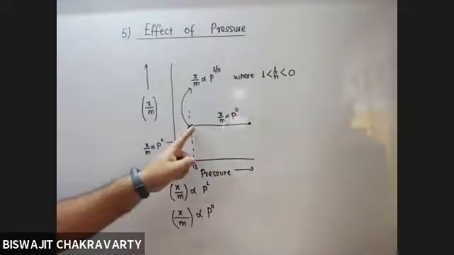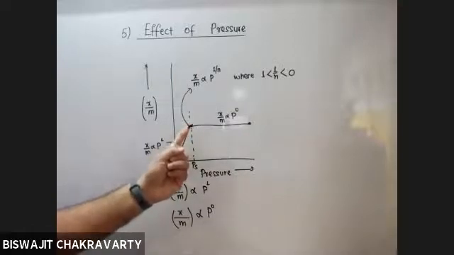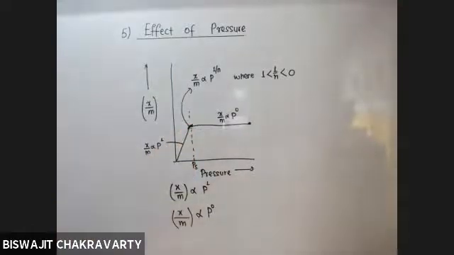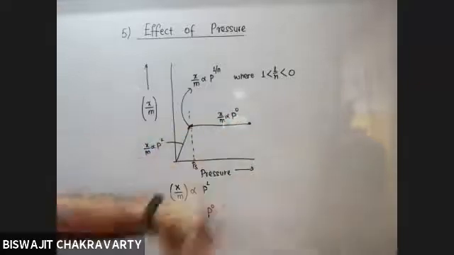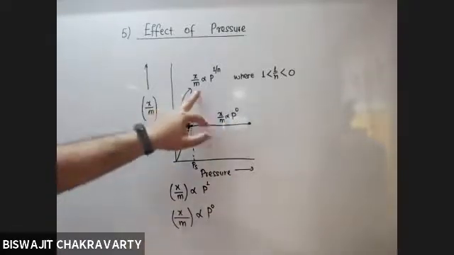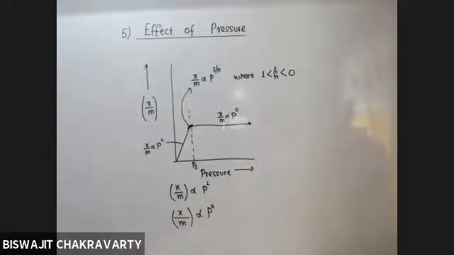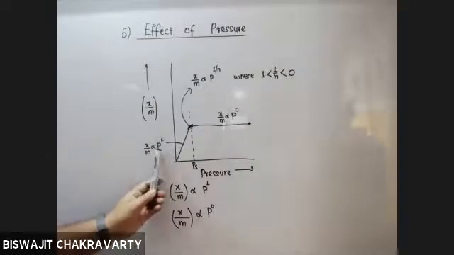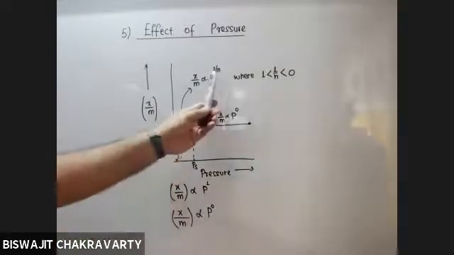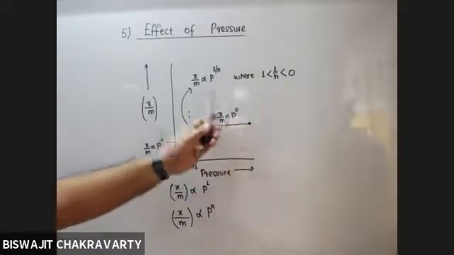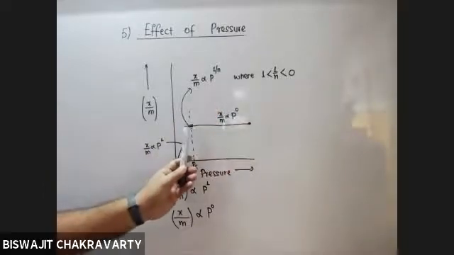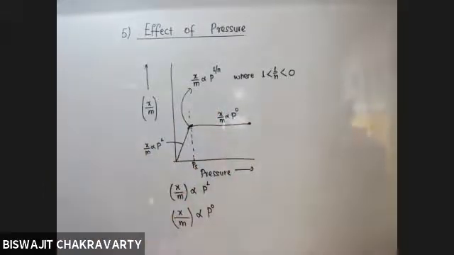So obviously this region where there is change going on, it must lie between 1 and 0. And that is what has been stated, that if I express the whole equation in terms of x by m proportional to P to the power 1 by n, we can say that 1 by n takes the value of 1 here, 1 by n takes the value of 0 here, and 1 by n will lie in between 1 to 0.